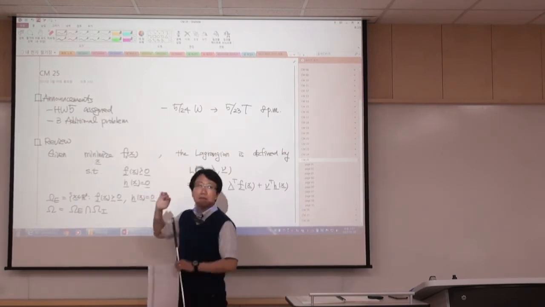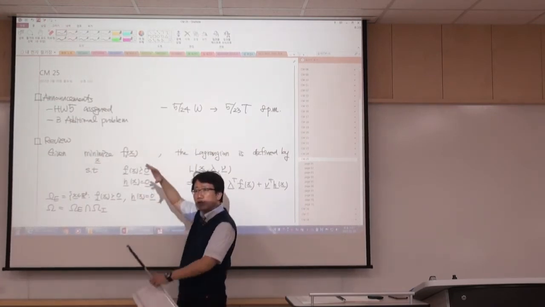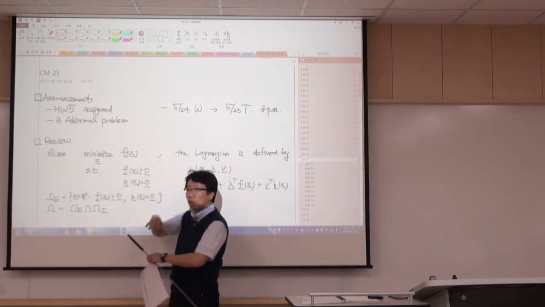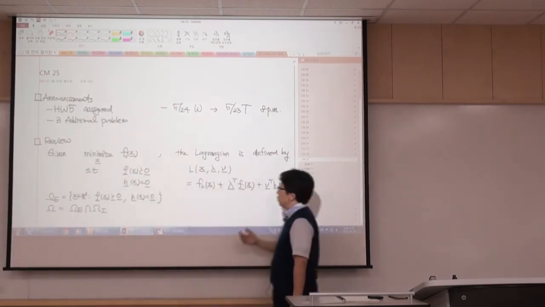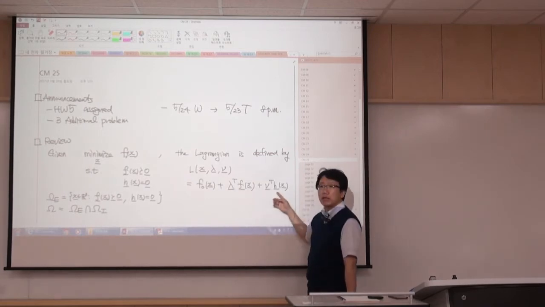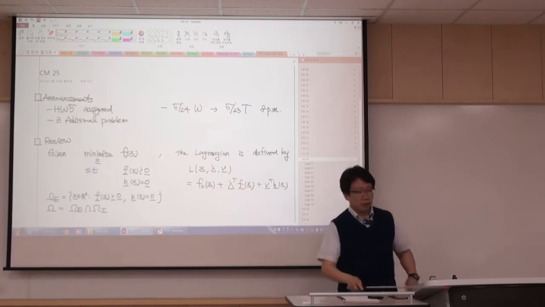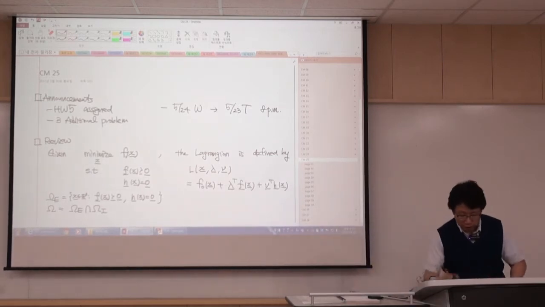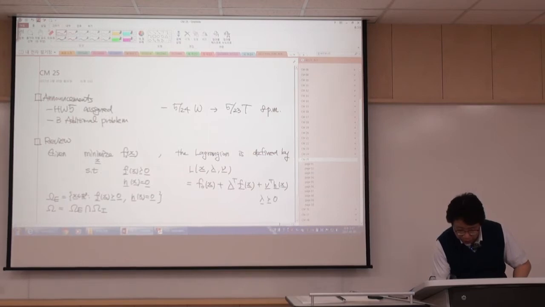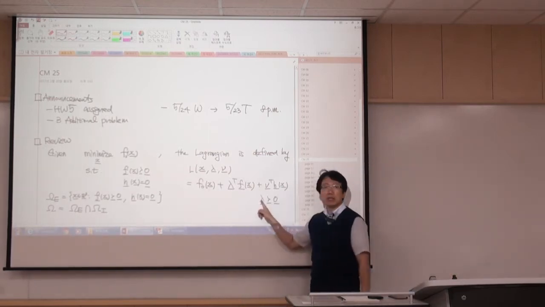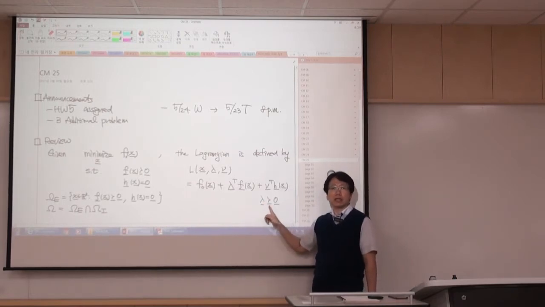Of course, we can define a new function that has this f as the upper part and h as the lower part, and it's still okay, right? But the difference is this. We intentionally restrict our lambda to be a vector whose components are all non-negative.